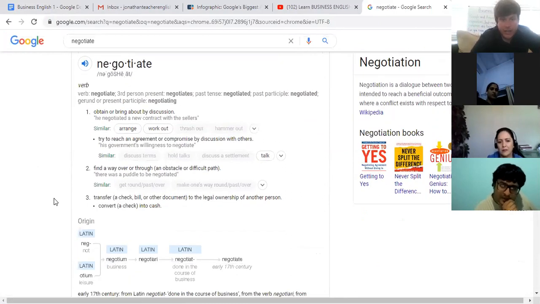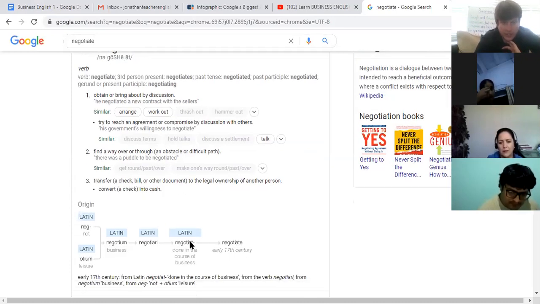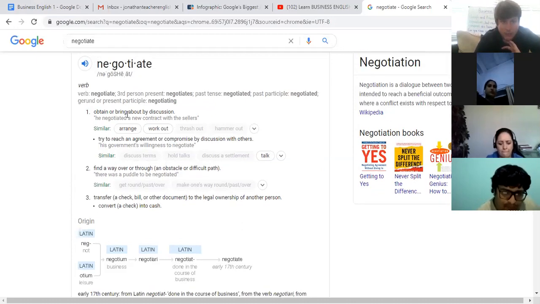Translation is not really going to help you. Our Spanish speakers recognize this word very easily, I think, because as you can see, it comes from Latin. It started off in the early 17th century, and it means to obtain or bring about by discussion. So a negotiation is a discussion where you try to reach an agreement or compromise.